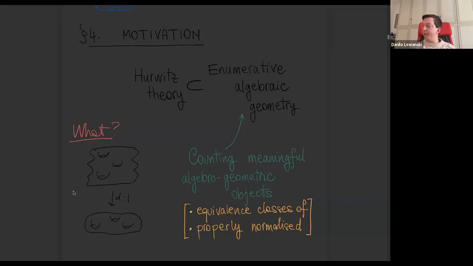Basically, Hurwitz numbers are just the answer to the question: how many Riemann surface coverings are there with the condition that you only have this amount of ramification profiles and this amount of branch points, and that genus and that degree of the cover?